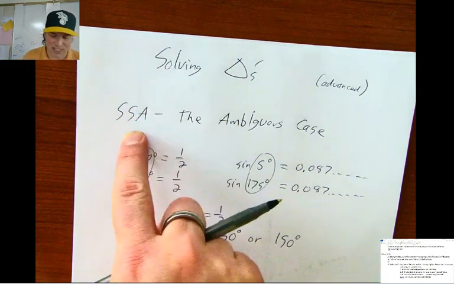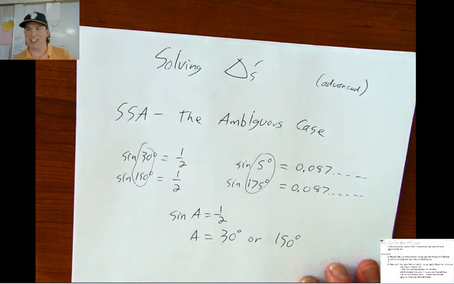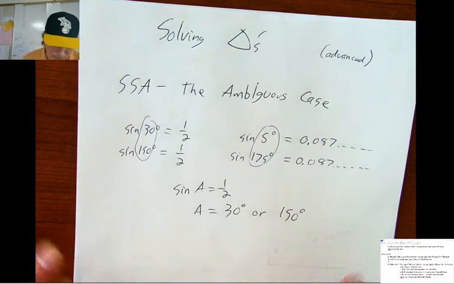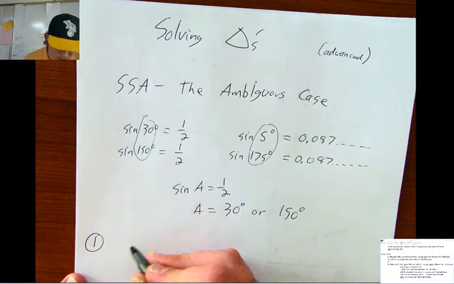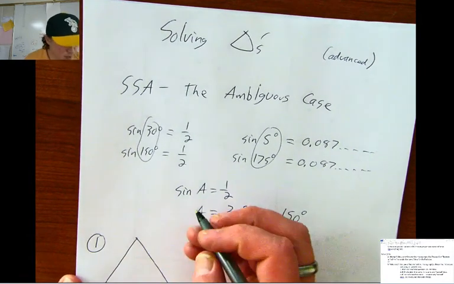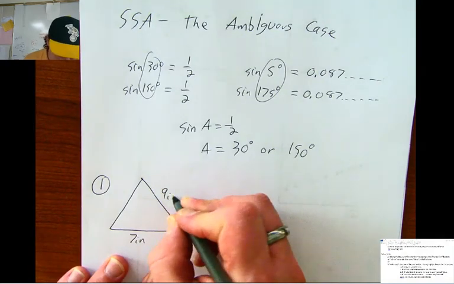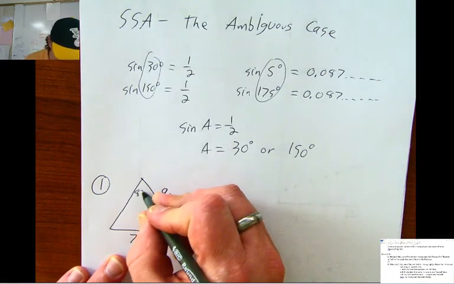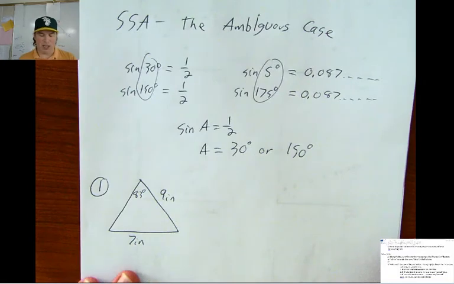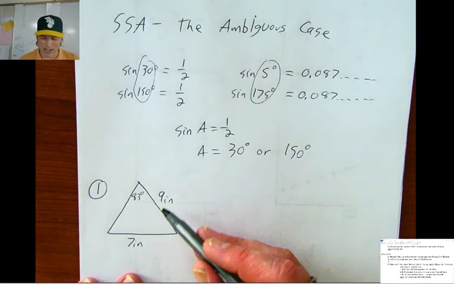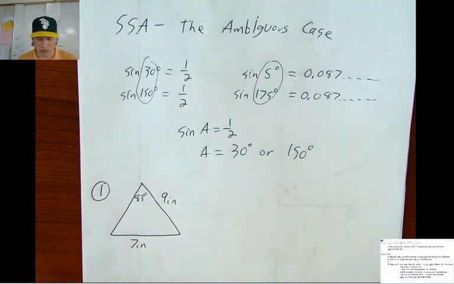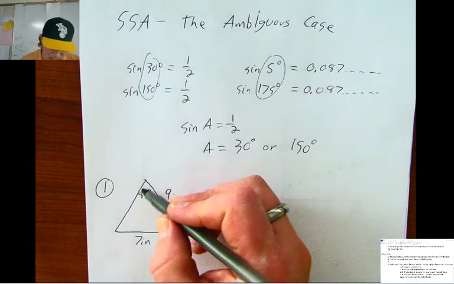This comes up most often in the ambiguous case, side-side angle. Let's look at 3 quick scenarios. Here's one where I have 7 inches, 9 inches, and 83 degrees. Now, because it's a side-side angle, you cannot use law of cosines to get this one off the ground, so you're stuck with law of sines.